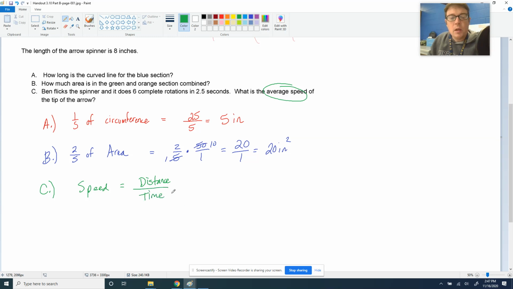That's the ratio. So we have a ratio here, and the speed is essentially the constant of proportionality, distance divided by time. You could also think of it as a time to distance table, and you're going to compare that relationship. All right. So for us, we know the time is 2.5 seconds.